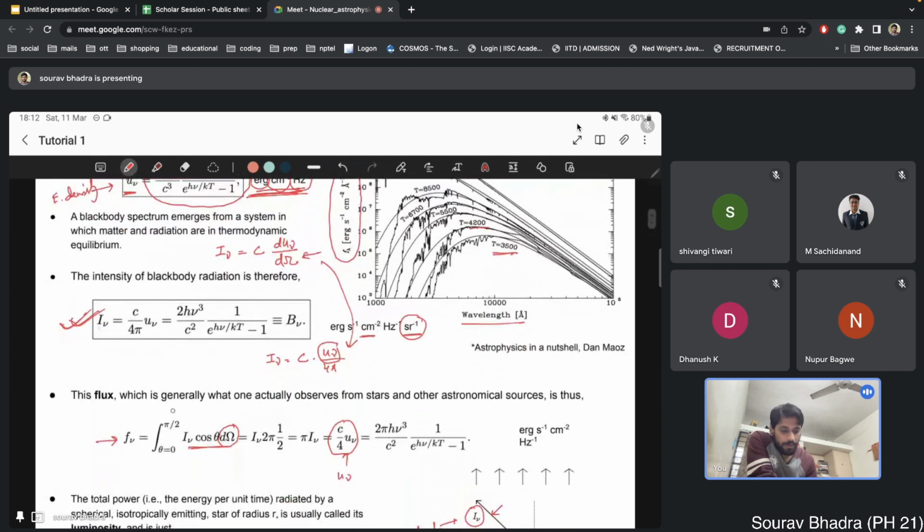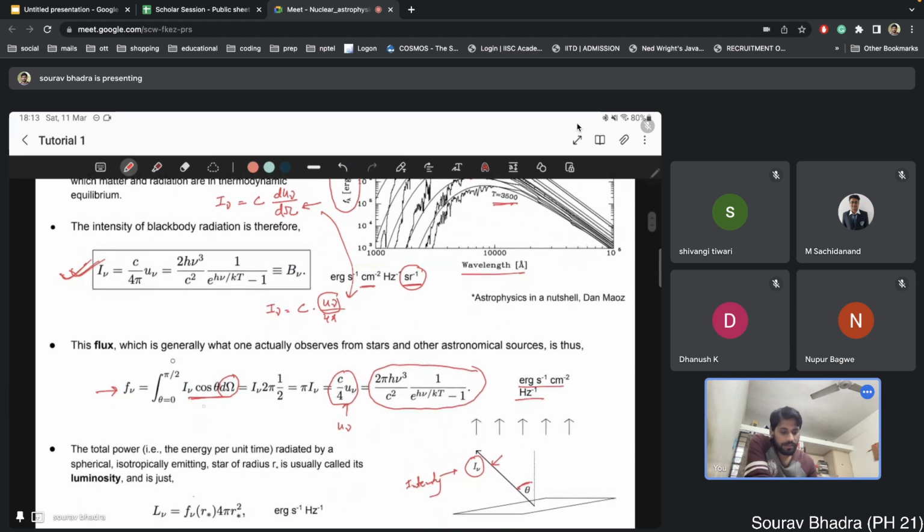I said omega, pardon me, it is u nu, that is my mistake. So if you put u nu and multiply it by c by 4, you will get this result. This is the flux, and the unit is erg per second per centimeter square per hertz.